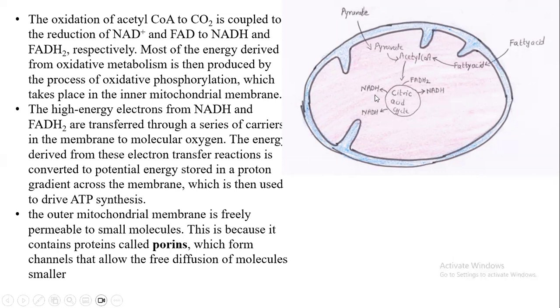These reducing equivalents, NADH and FADH2, are then transferred through a series of carriers located in the mitochondrial inner membrane during a process known as the electron transport chain, which will ultimately synthesize ATP. The outer mitochondrial membrane is freely permeable to small molecules because of channels known as porins present within it.